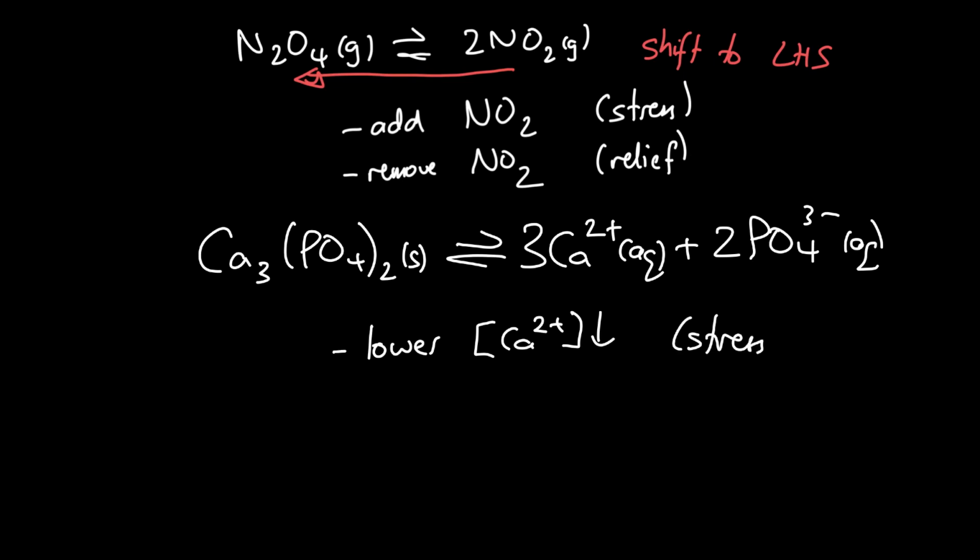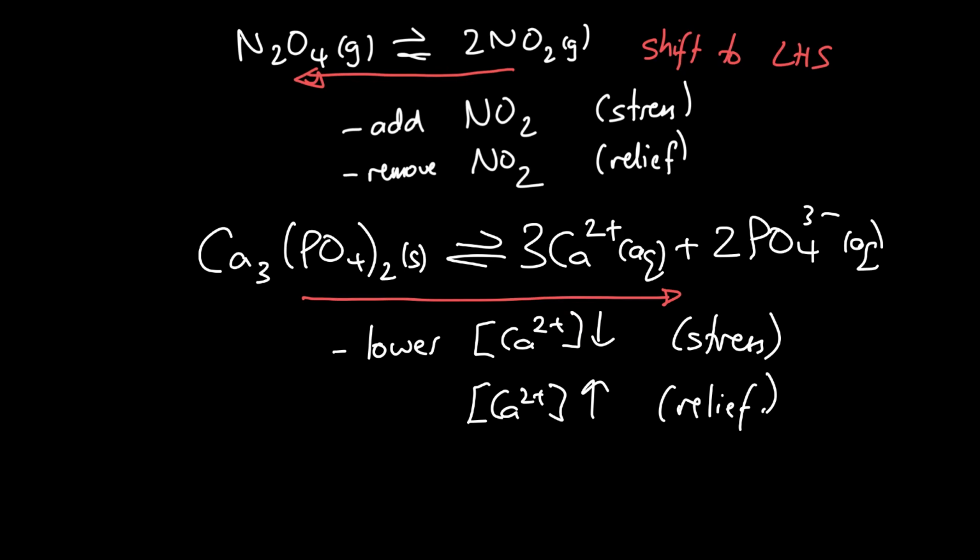So the equilibrium will respond in a way to try and relieve that stress. So the stress relief will be, we try and find a way to increase the concentration of calcium. And in this reaction here, if we can increase the concentration of calcium, one way to do it is by taking solid calcium phosphate and letting a little bit more of it dissolve. So as more of it dissolves, you essentially make more calcium and also more phosphate ions. And so we respond to that as a shift to the right-hand side.